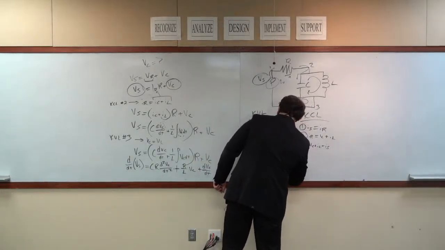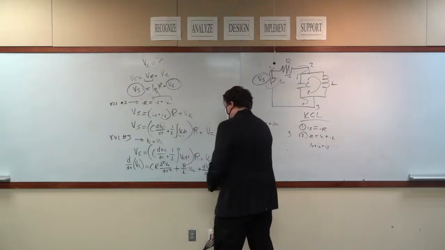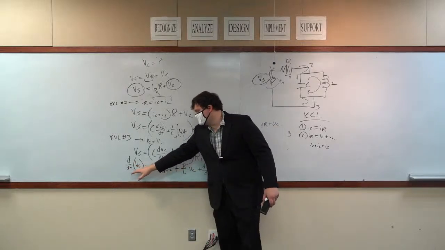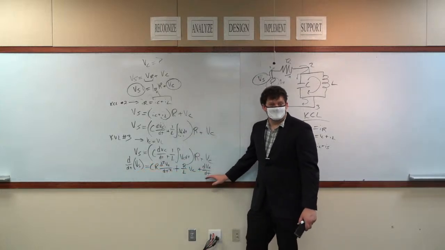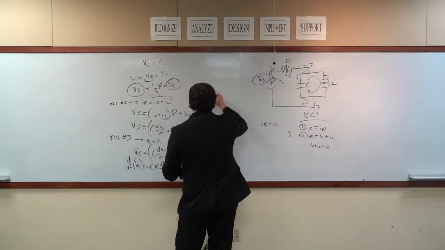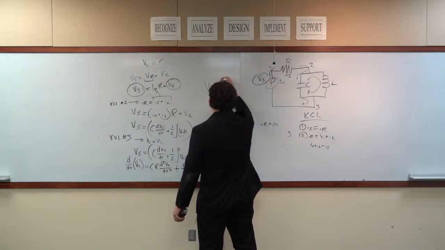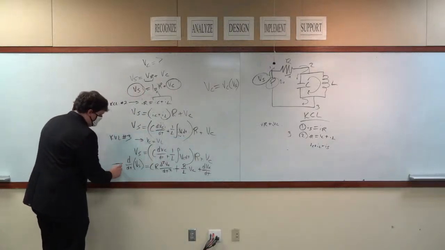Okay, again, for right now, we are only focusing on how to develop this, some input equals some function of the output. The solution to this problem ends up being VC equals VC as a function of VS. That is the solution to this equation.